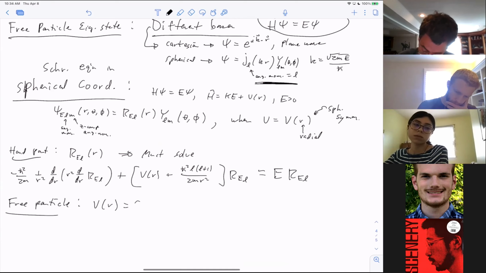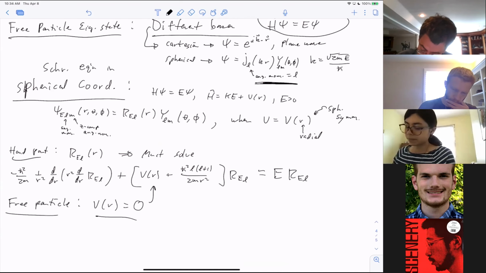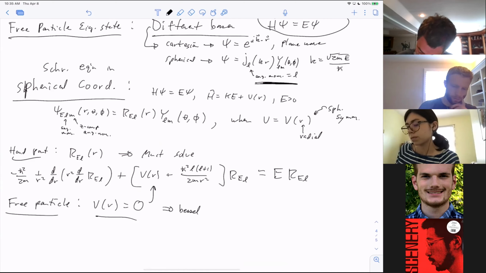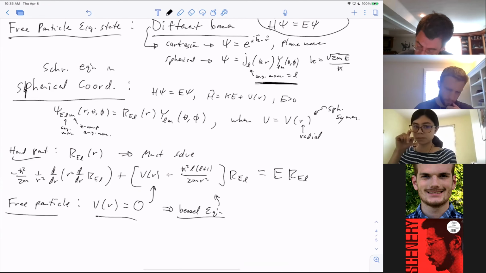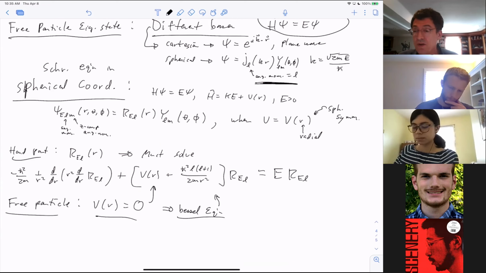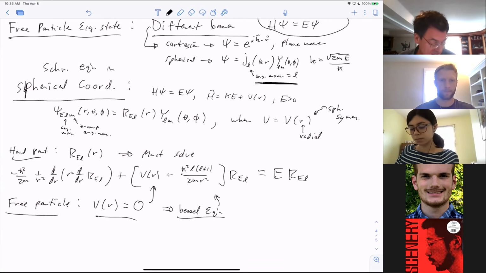Yes, exactly. So for the free particle, V of r is 0 in this equation, and then this becomes the Bessel equation, a famous differential equation. You would know that if you took partial differential equations, and I suggest all of you take them. They're a very useful course if you're going on in physics and want to do this kind of stuff.